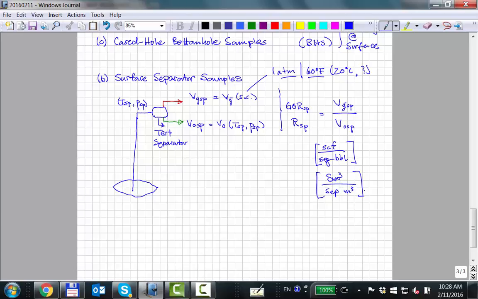Some indication of whether the barrel or the oil volume is at separator conditions, or if they've done some tricky thing to take the separator oil down to stock tank conditions. You do have to be careful there, because what will happen is that periodically in this procedure, this will be continuous. These are continuous measurements.